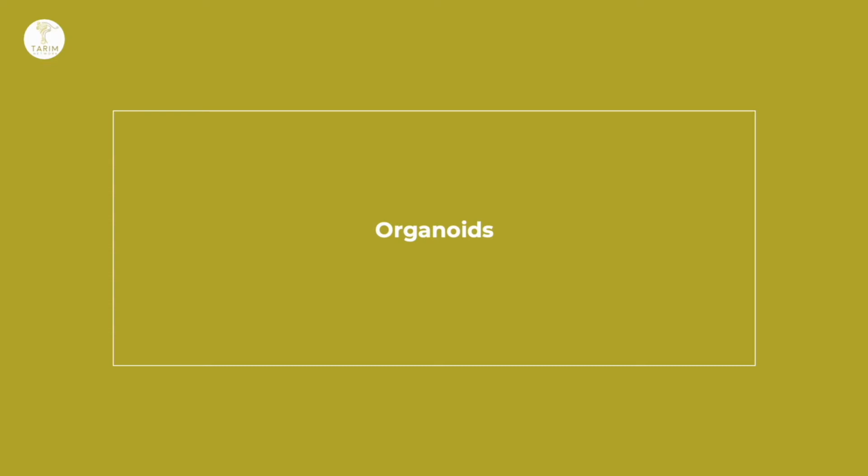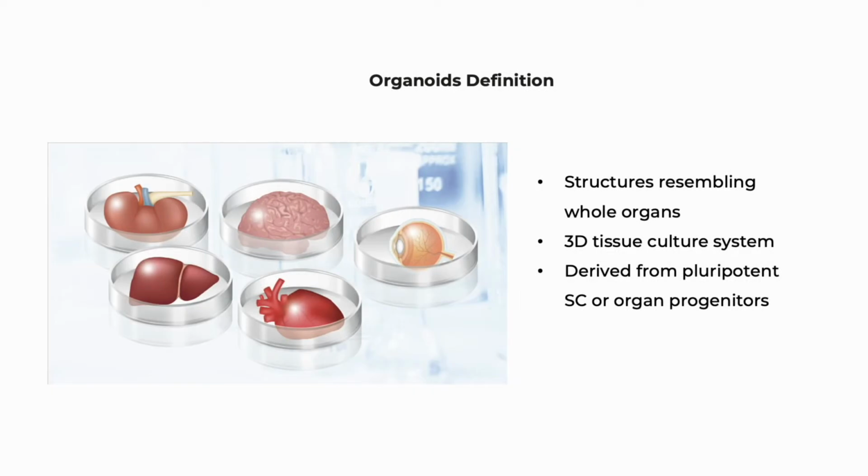These are produced in three dimensions and show realistic microanatomy. These structures resemble whole organs, and different approaches have started to generate, for example, kidney, brain, liver, heart, and eye organoids.